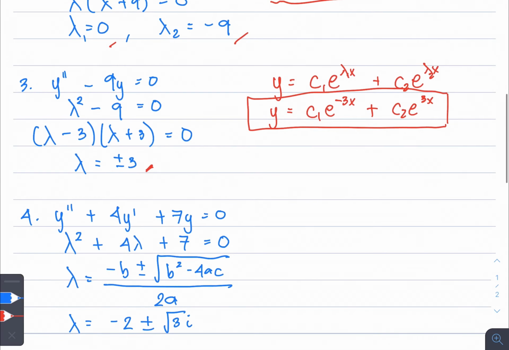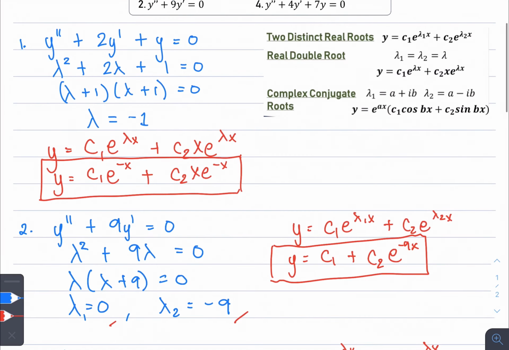So for this case, complex na yung roots natin. So we will use this form for the solution. Ang nangyari dito, you have lambda which are complex, tapos we used the Euler identities para maging kamukha siyang ganito. As you can see, the real part of the lambda will be in the exponent of e kasama ni x, tapos yung imaginary part, that coefficient b, kasama siya nung cosine and then ng sine.